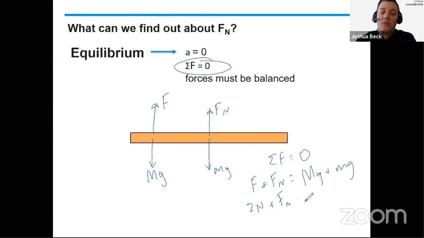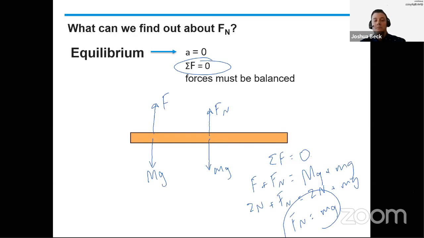I don't know my normal force. Big MG was 2 newtons, and I don't know the meter stick. But what I can see here is that my normal force in this particular case is going to be equal to mg of the meter stick. Go ahead and keep track of that. We're going to come back to it a little bit later when we compare a second method.